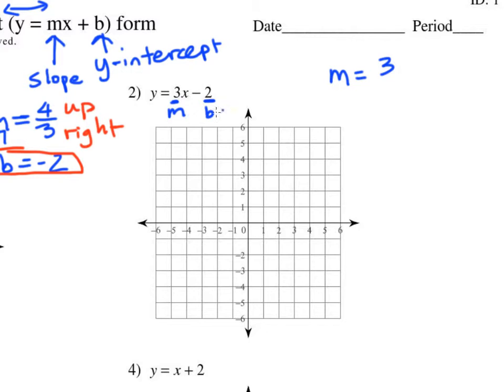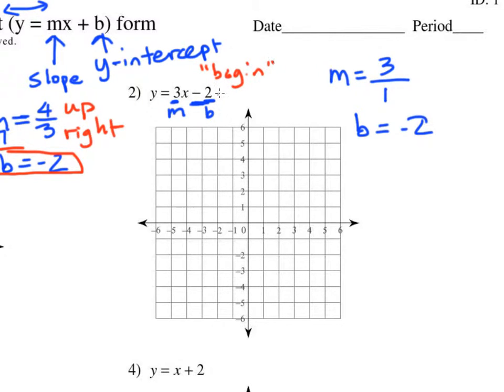This is our slope. Slope is m. Now you can also write 3 as a fraction, 3 over 1, just so you can get used to it. And our b, just like last time, don't forget that negative, our b equals -2. Now, we've got these two numbers. How do we actually graph this? If you forgot, remember the little trick I taught you? B can stand for begin.